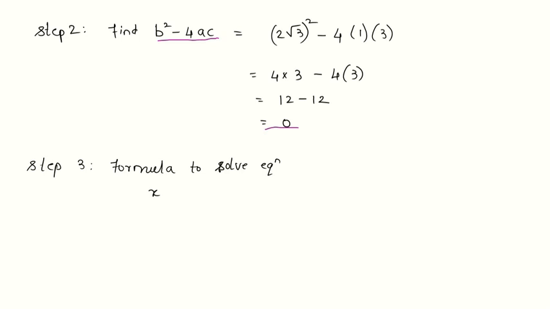We were asked to write only the formula. Okay, x is equal to minus b plus or minus square root of b square minus 4ac upon 2a. If we don't solve it, there is no problem because we were not asked to solve it. We are just asked to write the formula.